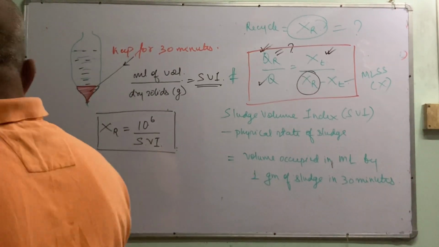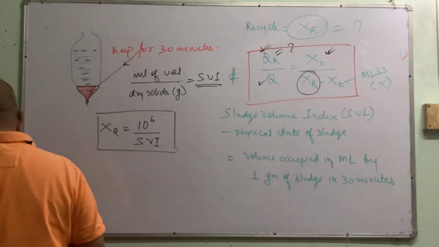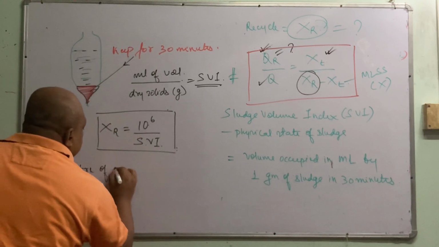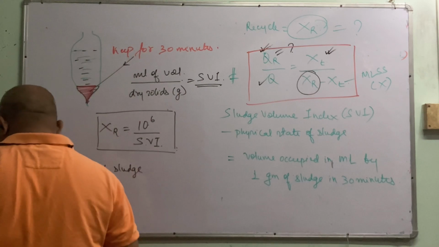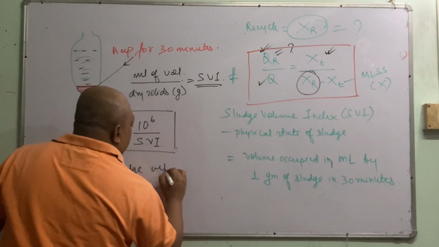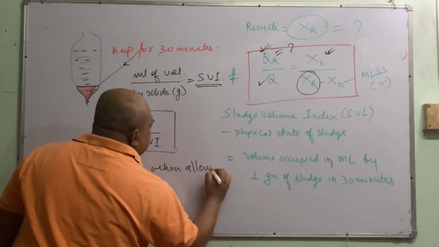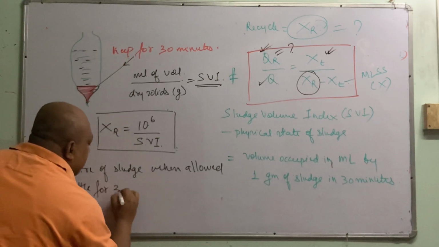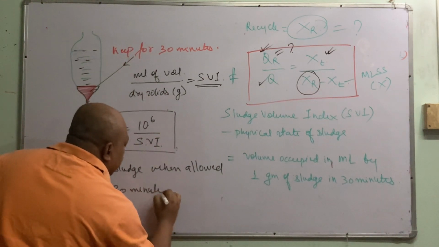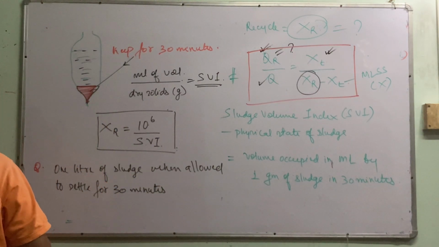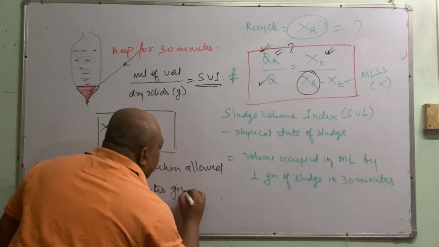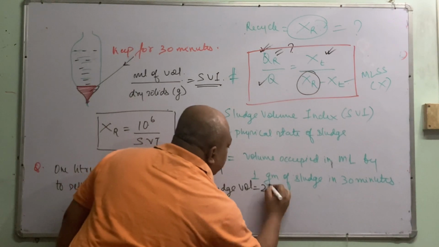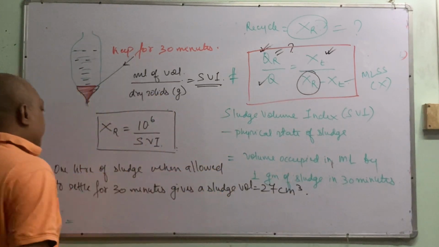Let me ask you one question: one liter of sludge, when allowed to settle for 30 minutes, gives a sludge volume of 27 centimeter cube.